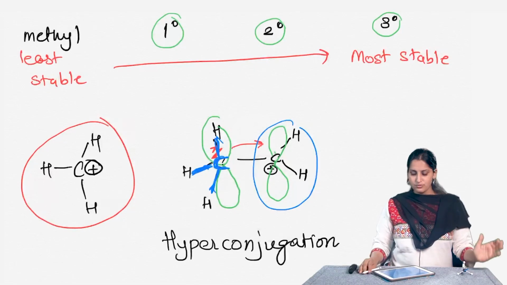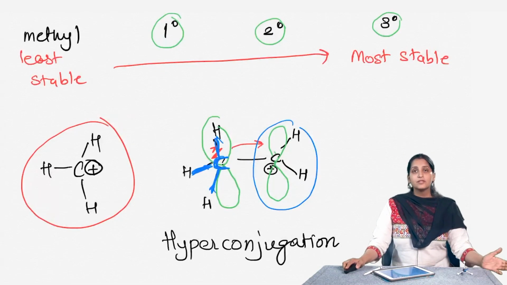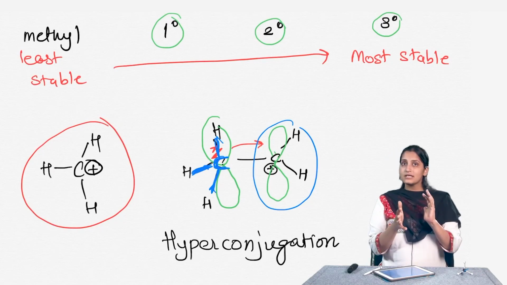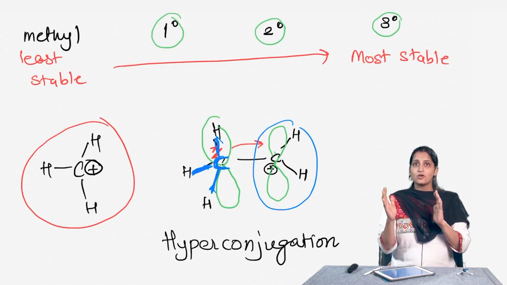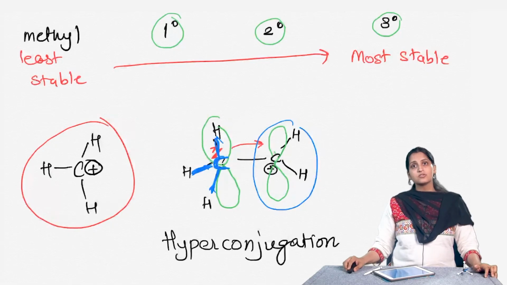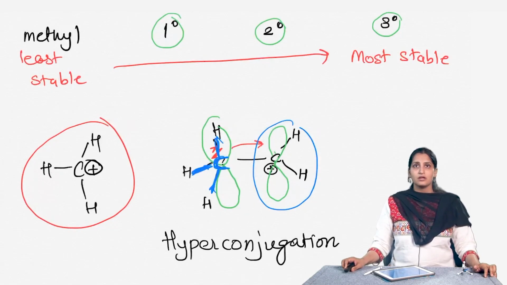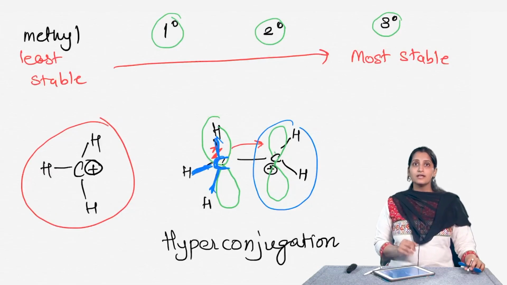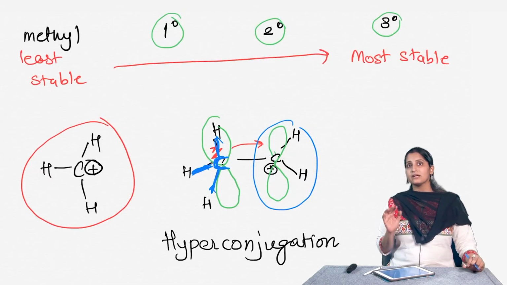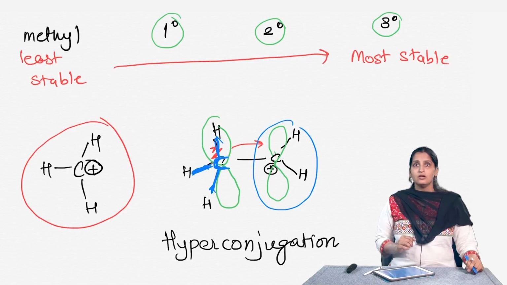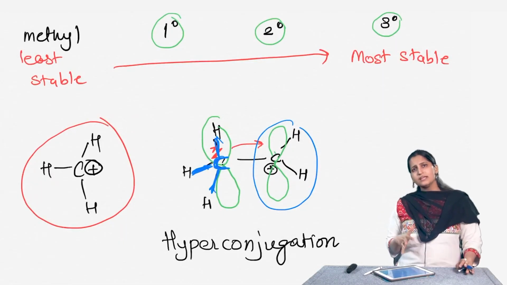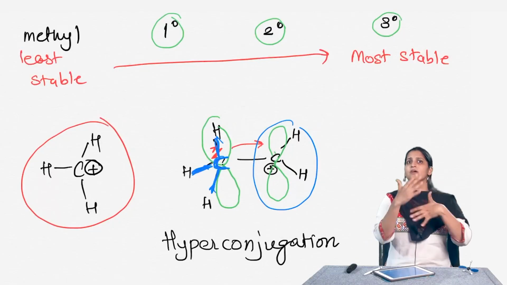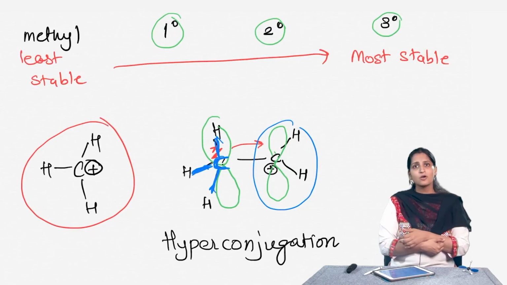So, the question is which one will overlap? The truth is it has to align in the geometry. If it aligns very nicely in the geometry, that particular sigma orbital will overlap its electrons onto the positively charged carbon, okay. And hyperconjugation only occurs if the sigma orbital and the empty p orbital have the proper orientation, okay. But the proper orientation is always easily achieved, because there is free rotation around the carbon-carbon sigma bond, right, that is what we saw in the first class.